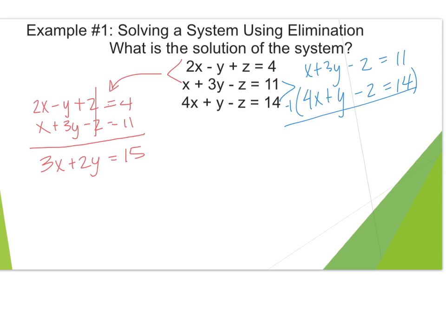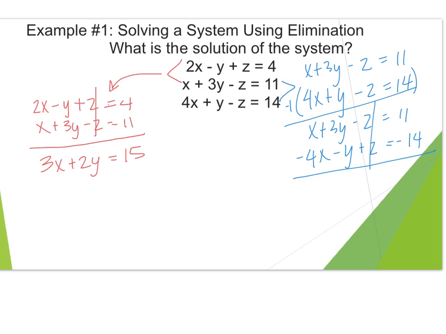So when I rewrite that, I have x plus 3y minus z equals 11, and negative 4x minus y plus z equals positive, excuse me, that's wrong. That should be negative 14.